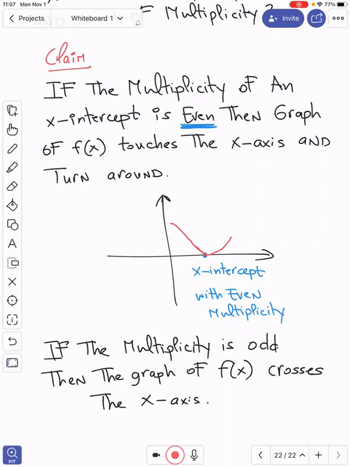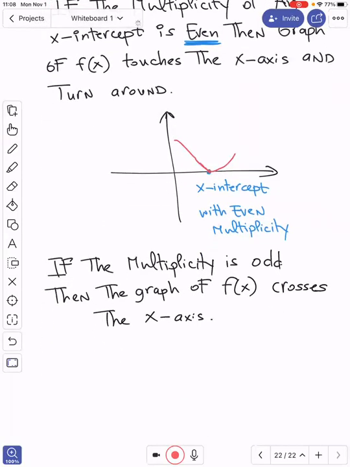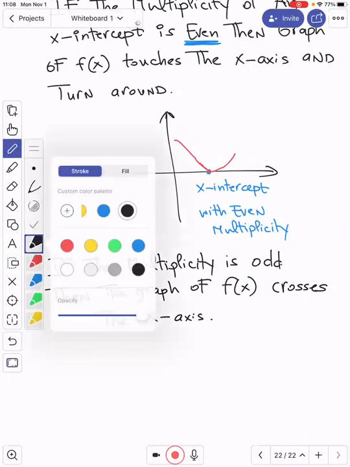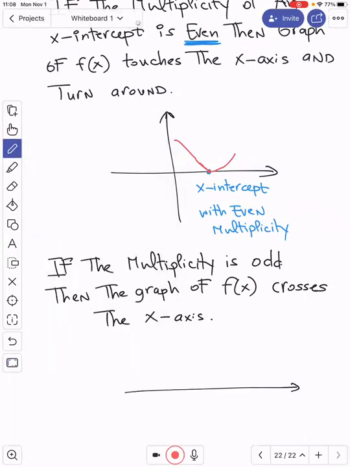Okay, so in other words, we have the following situation. I have my x-intercept. This is my x-intercept right here, but the multiplicity of this x-intercept is odd. With odd multiplicity.